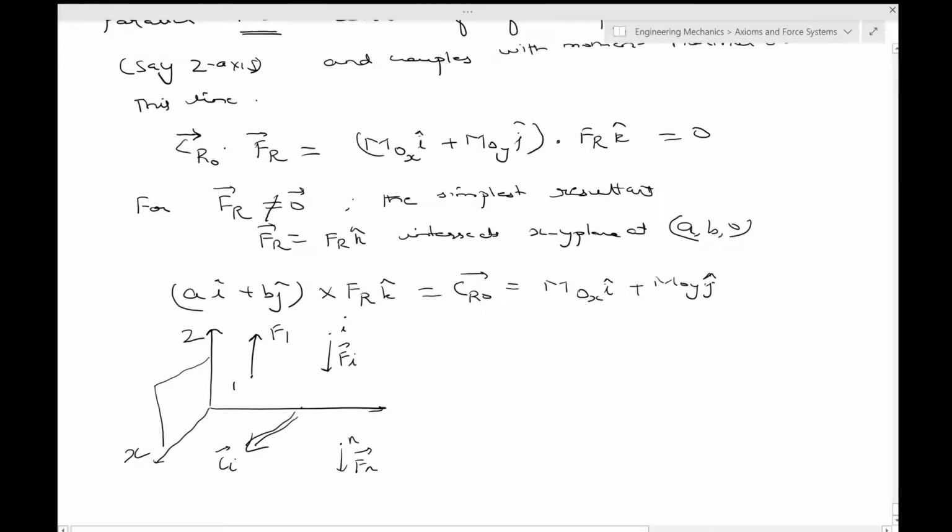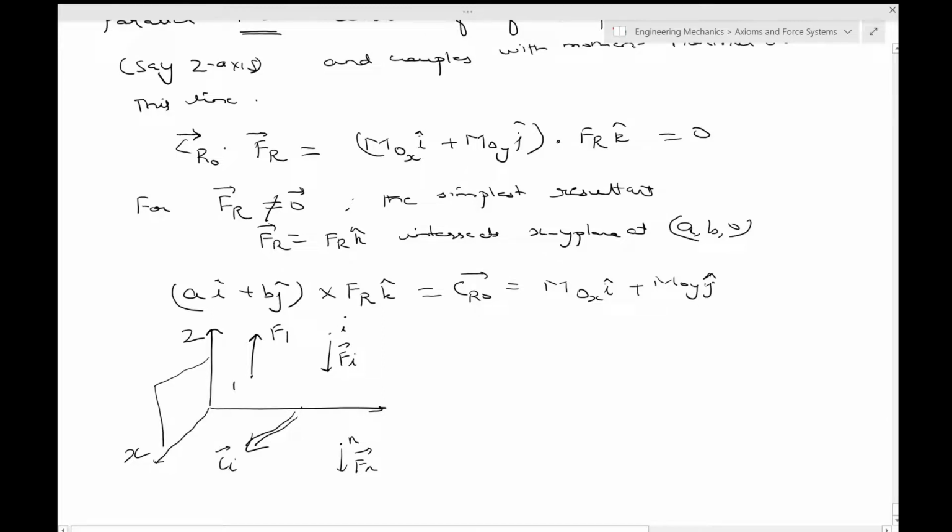Okay. Now CRO, couples with moments normal to this line, that is having components along x and y. So Ci is the couple. You can have C1, C2, C3; it won't really change anything. Z axis. Okay.